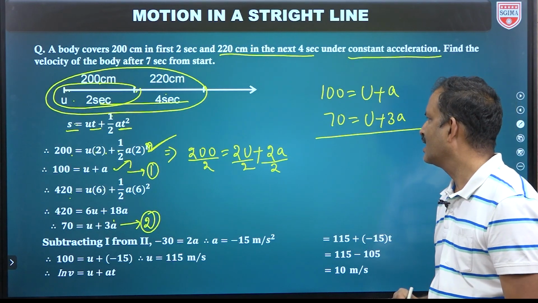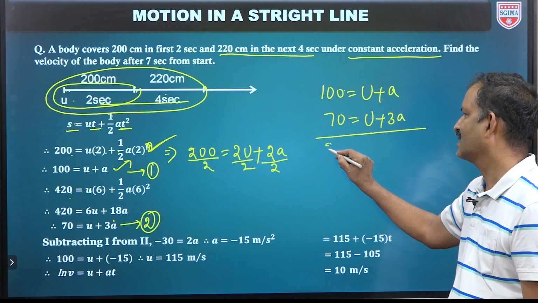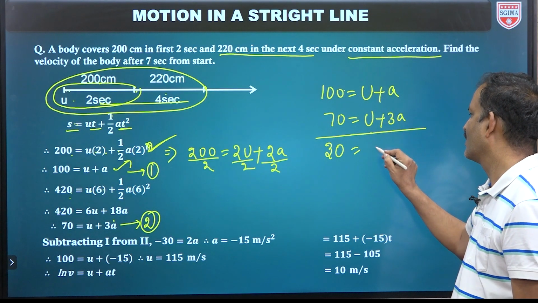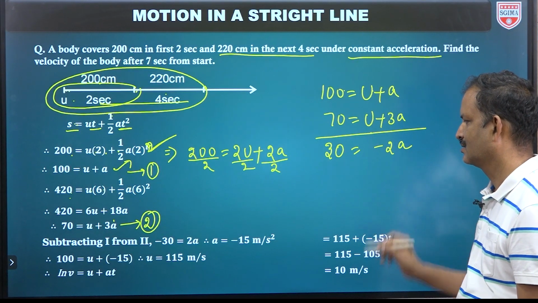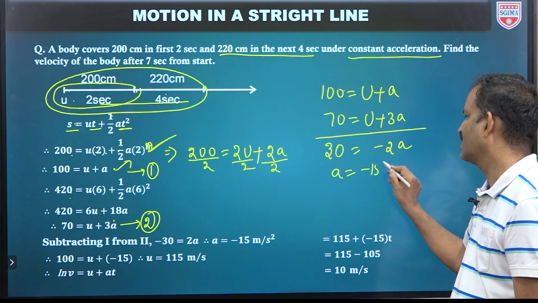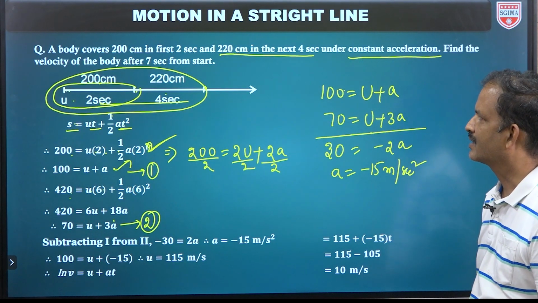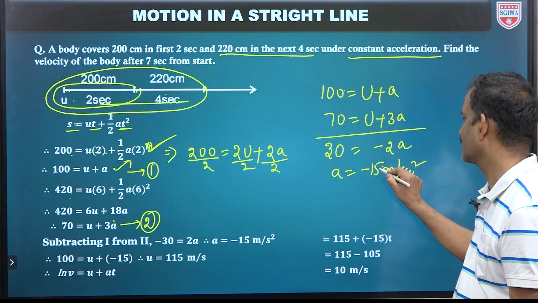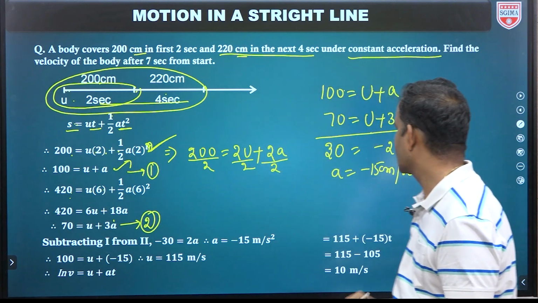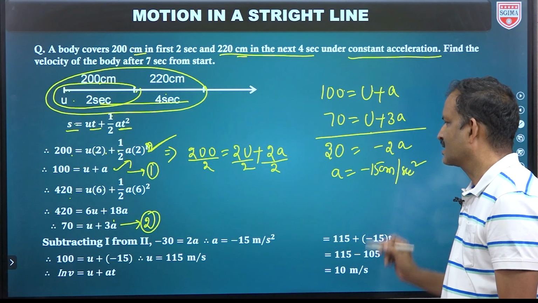To find out a, I am subtracting these two. 100 minus 70, 30 is equal to u minus u minus 2a. So a is equal to minus 15, sorry, centimeters, because this is in centimeters. So I am writing minus 15 centimeters per second square.